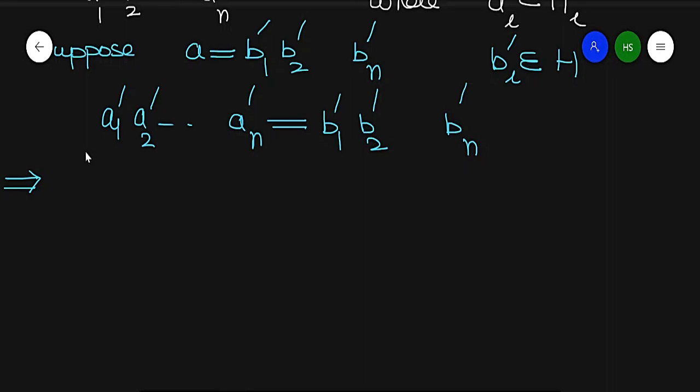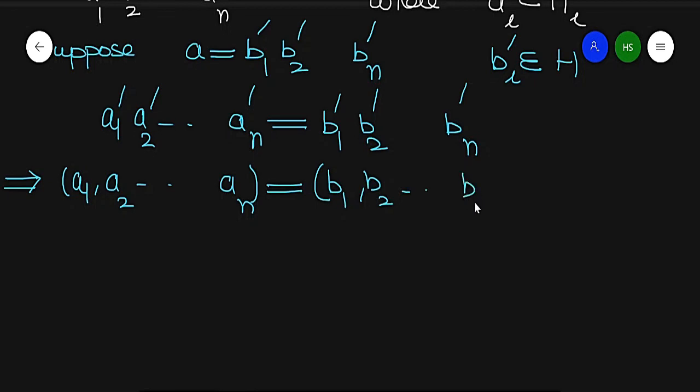It becomes (A1, A2, ..., An). Just substitute the value of this and this, then multiply. This value will become A1 dash A2 and similarly it multiplies, so this will become (B1, B2, ..., Bn) in n-tuples.